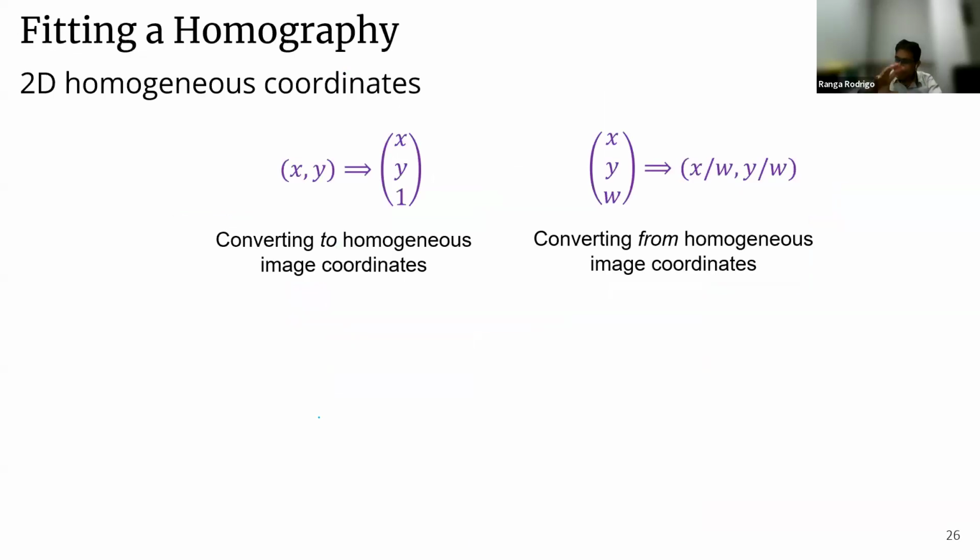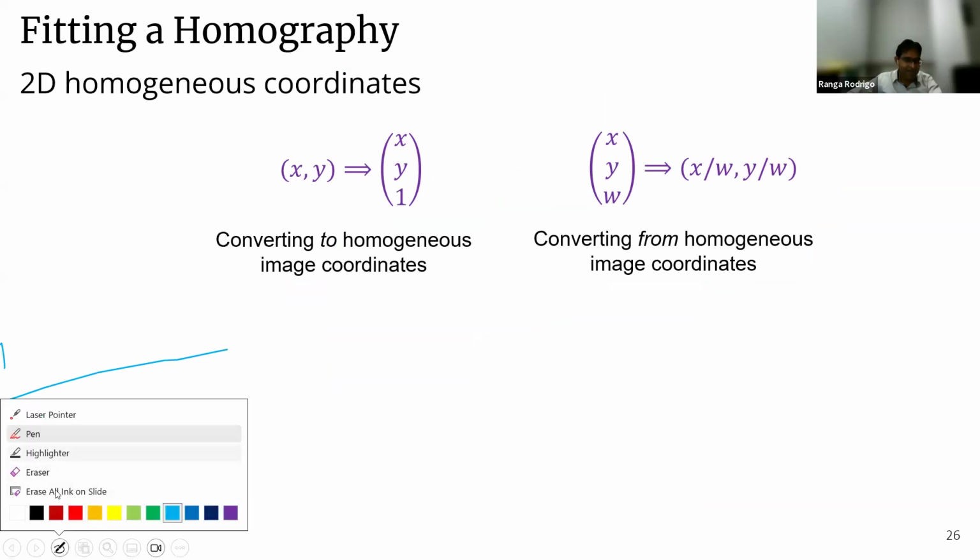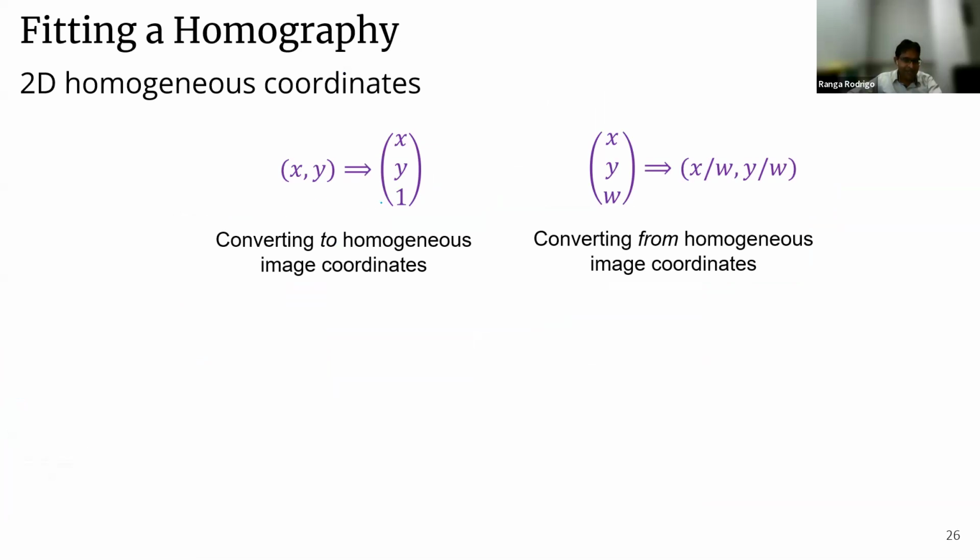Then a little bit about the homogeneous coordinates again. To convert to homogeneous coordinates, we can put a 1 at the end, like so. And to convert from homogeneous coordinates back to Euclidean, you can divide by the last coordinate.